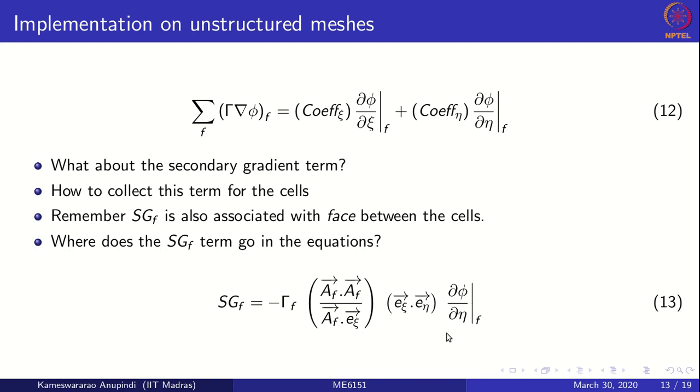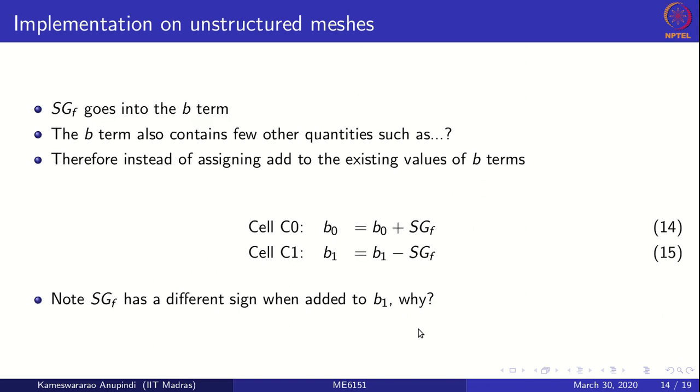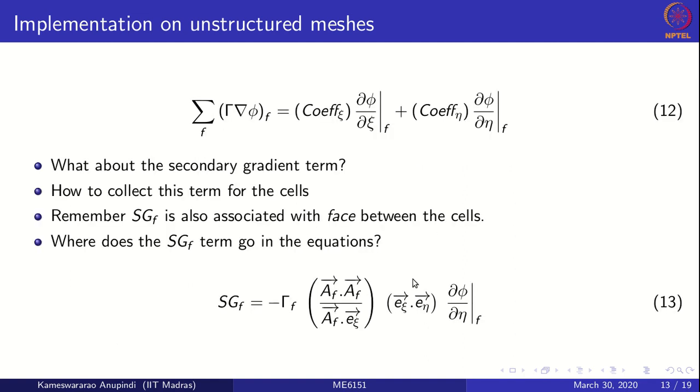So as a result, you have to add it to the B0 cell and subtract it from the B1 cell. Is this clear? We are trying to calculate f from one cell and assign it to both cells. So all these terms will remain the same except for xi dot e eta.